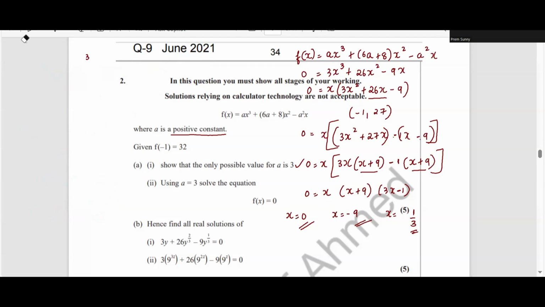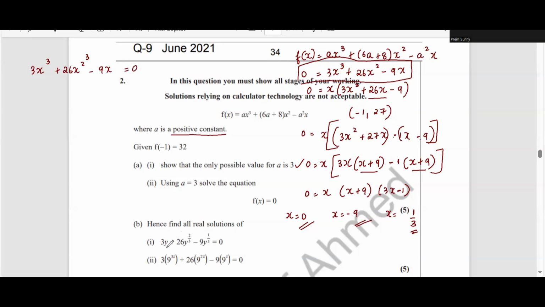Okay, so the original equation here was 3x cube plus 26x square minus 9x. To find out the value for b first subdivision, we know the original equation was 3x cube plus 26x square minus 9x is equal to 0.